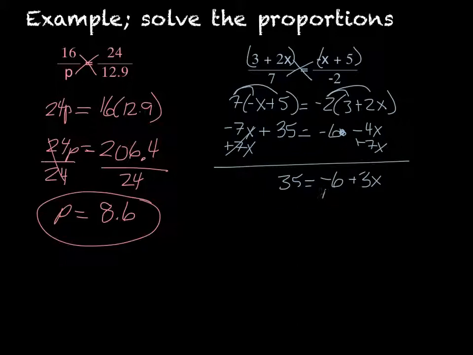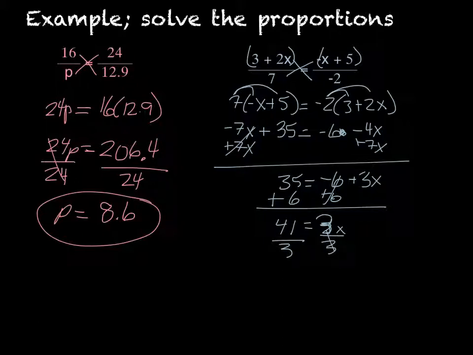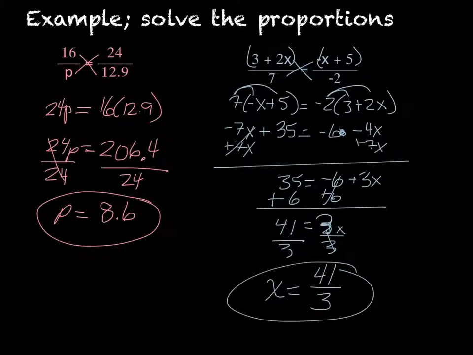So I'm going to add 6. And then I'm going to add straight down and get 41 equals 3x. So divide by 3. So my final answer would be x equals 41 over 3. And that would just be it. Just leave it like that.